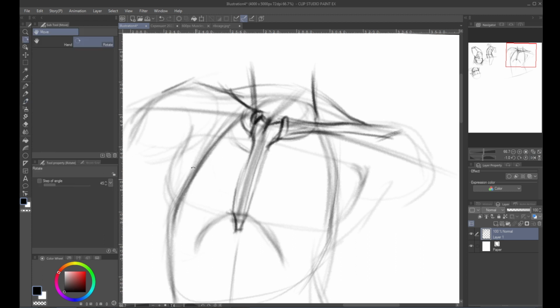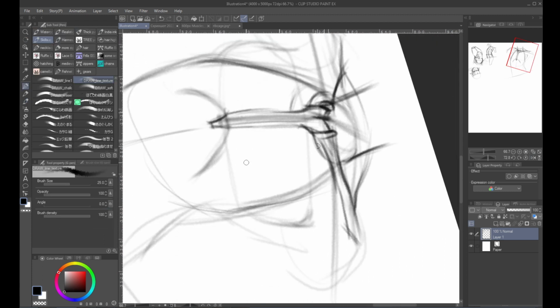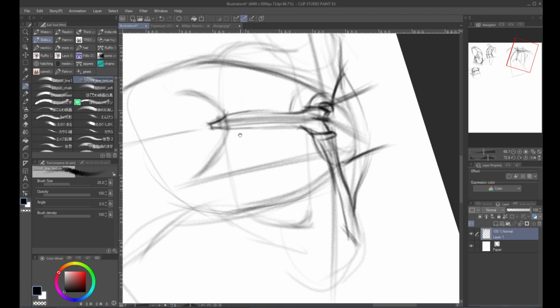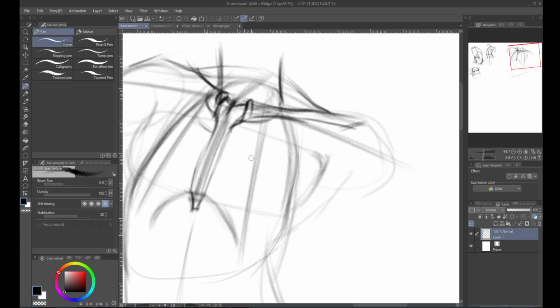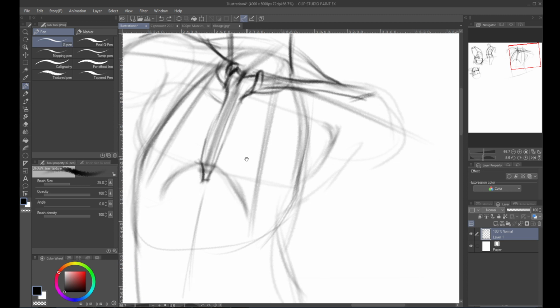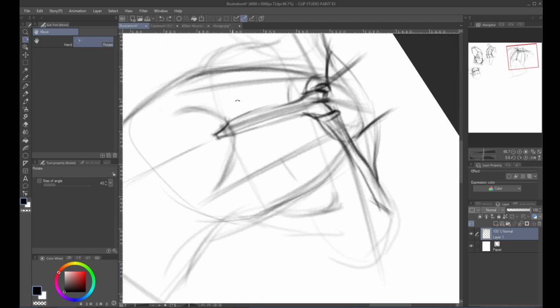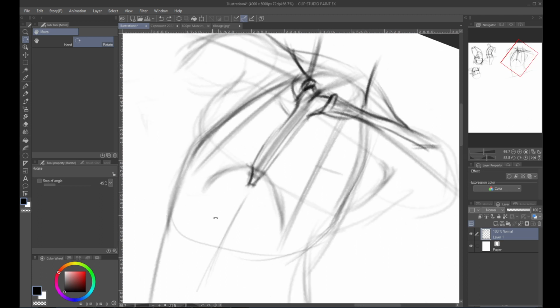Now let us add these lines to show the front of the rib cage. So after this, our form changes its direction and we start seeing the side of the ribcage.